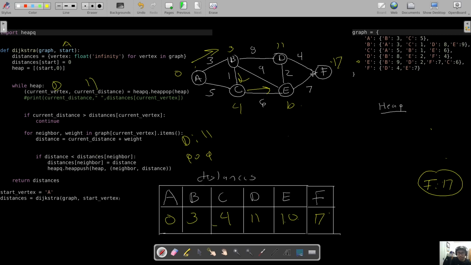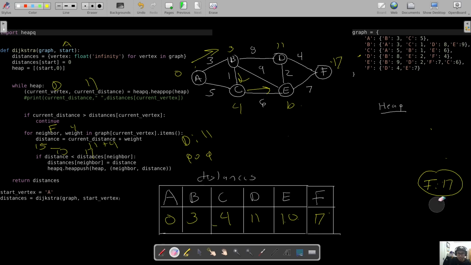And then we go here, D, and we're just going to get F. Neighbor is F, weight is 4, so 11 plus 4, this is 15 here. 15 less than 17, yes.